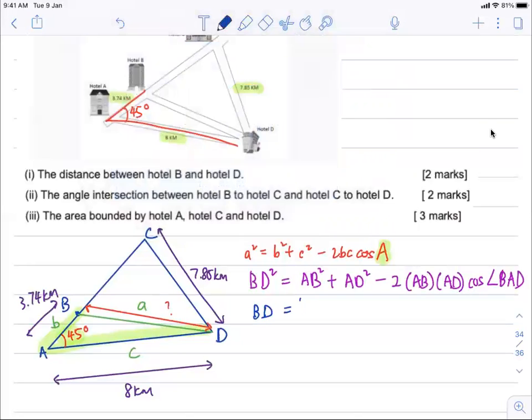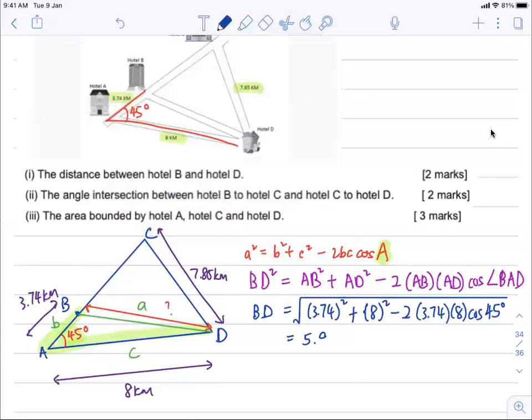BD equal to square root, AB is 3.74 square plus AD is 8 square minus 2 AB is 3.74, AD is 8, cos BAD is 45 degrees, square root. So type into the calculator, we will get BD equal to 5.97.